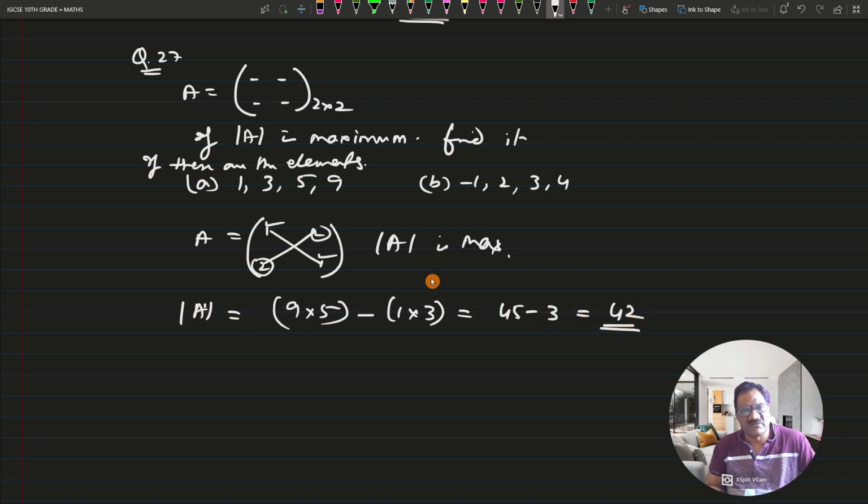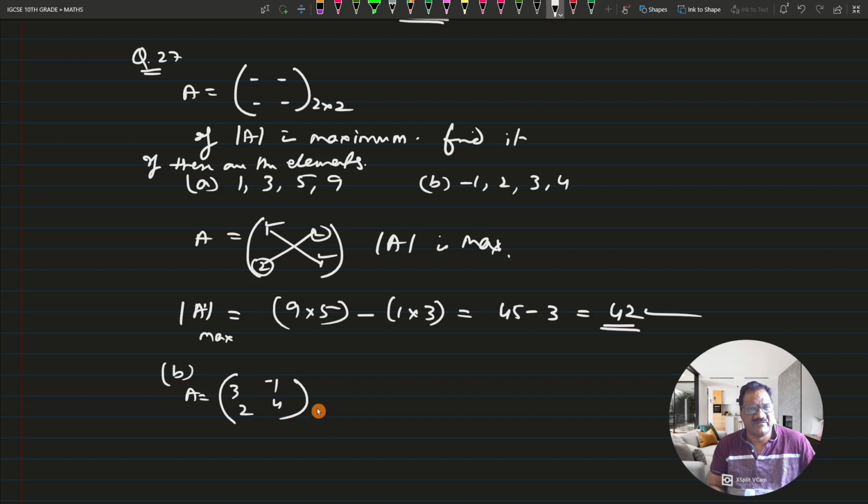So the answer for A, the maximum determinant value, will be equal to 42. For the case B, if I take this matrix A as something like this, now suppose I take 3, 4 over here and minus 1 and 2 over here.